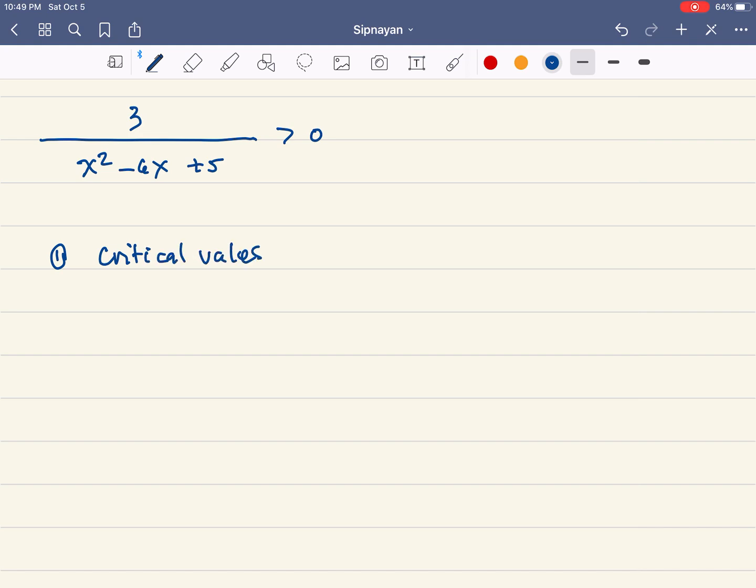Okay, so paulit-ulit na ito, no? So I hope nakabisado nyo na yung mga steps. So we equate x squared minus 6x plus 5 is equal to 0. Of course, we can factor.